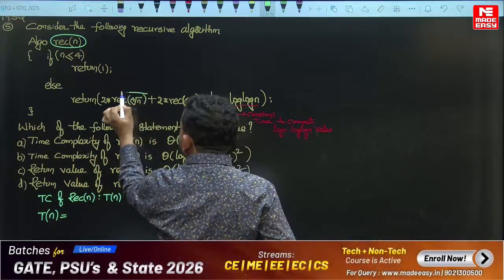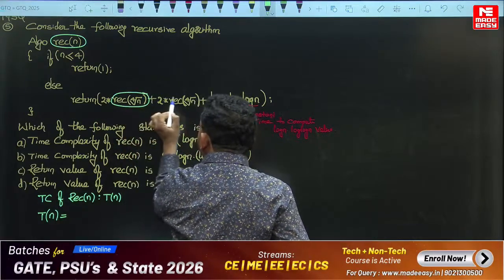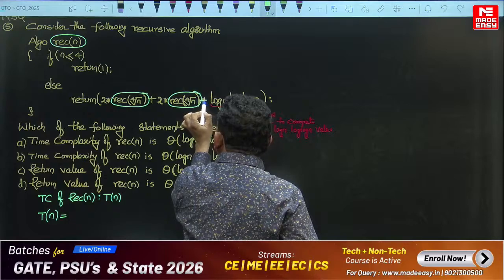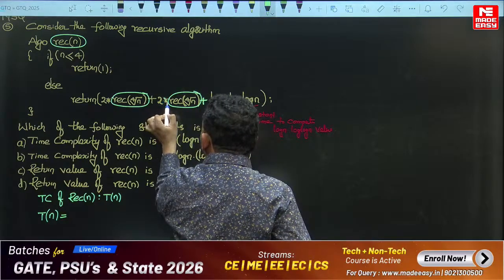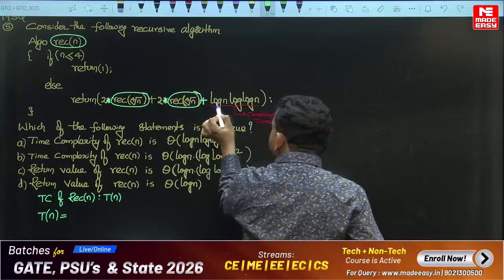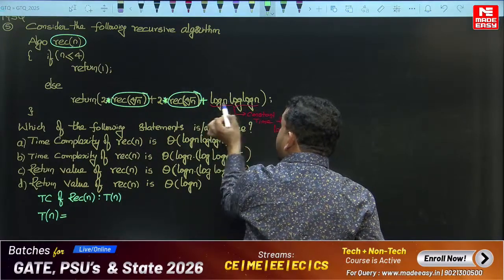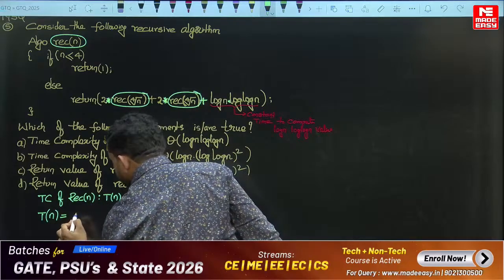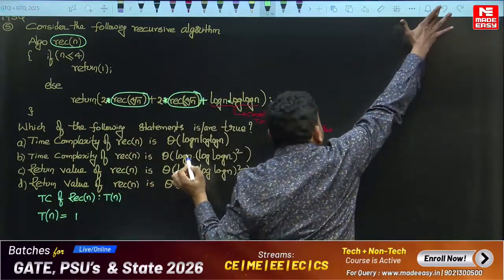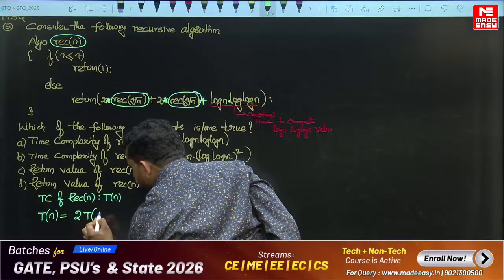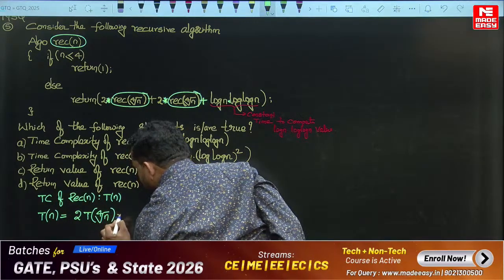There is one subrecursion of 4th root of n, one more subrecursion of 4th root of n, and the remaining computational cost, multiplying by 2 and computing log n multiplied with log n, is constant. That means 2 subrecursions, each on 4th root of n, and the excess cost is constant.